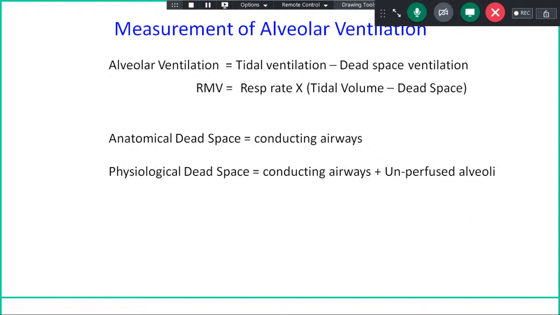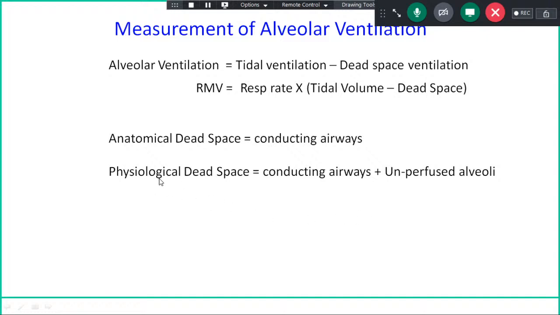If they are not perfused, air is just entering and they remain a part of the dead space of the system. This is also called alveolar dead space, that is, unperfused alveoli. So alveolar dead space plus conducting or anatomical dead space is called the physiological dead space.